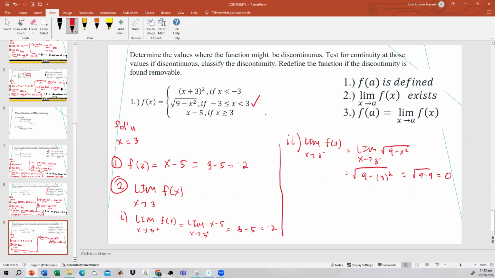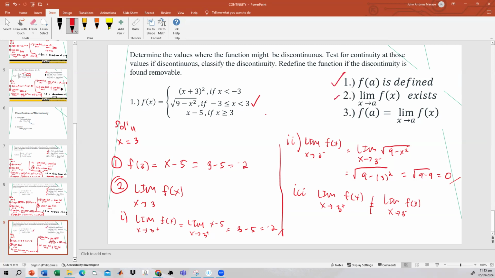So in that case, you'll check now the last condition for two-sided limit. Is the limit of f of x as x approaches 3 from the right equal to the limit of f of x as x approaches 3 from the left? Of course not, because this is -2 and this is 0. So it fails to meet the second condition.